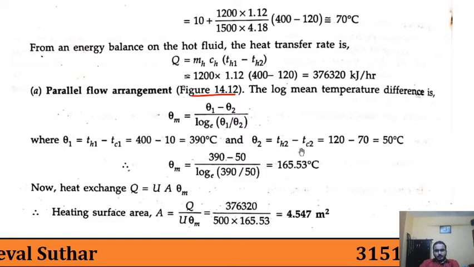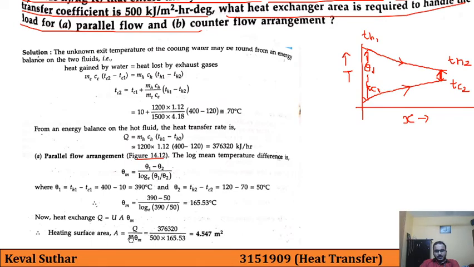Putting in all these values, we can get the value of theta m. So heat exchange Q can be obtained as Q equals UA theta m, and the surface area A is obtained in this way.